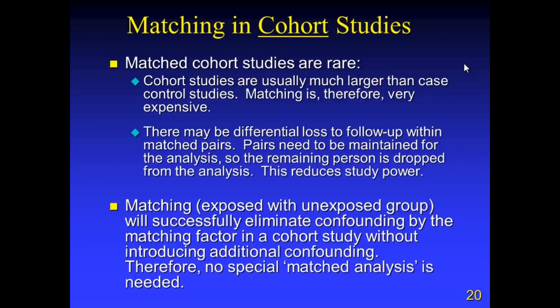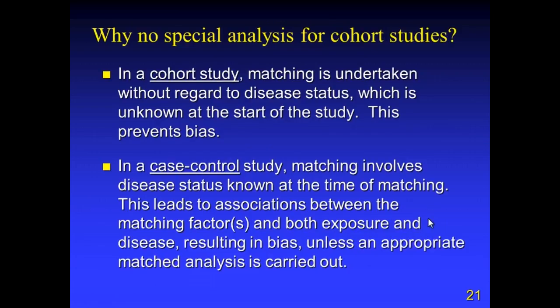Now, you don't have to carry out any special matched analysis if you do matching in cohort studies, even though, as I mentioned, it's pretty rare. Just by matching, you're going to eliminate the confounding, without the need for a special matched analysis. So what's the reason for that? Why don't you need a matched analysis in a cohort study?